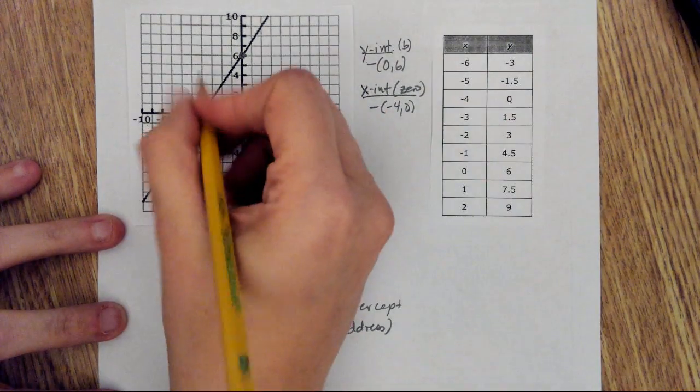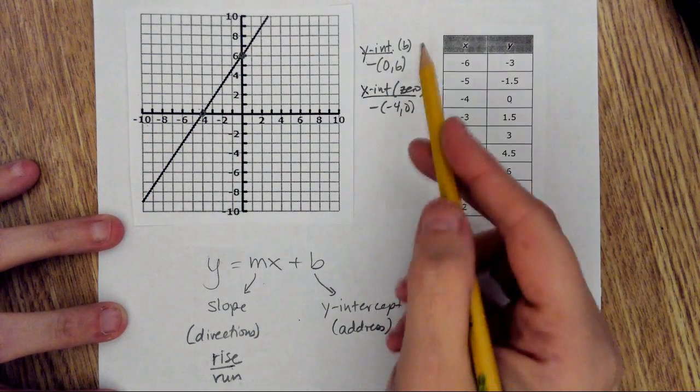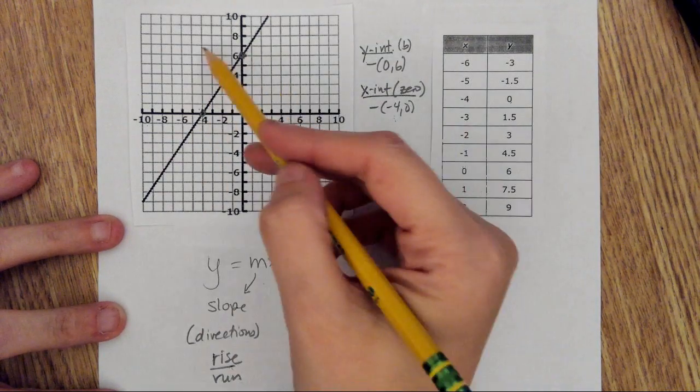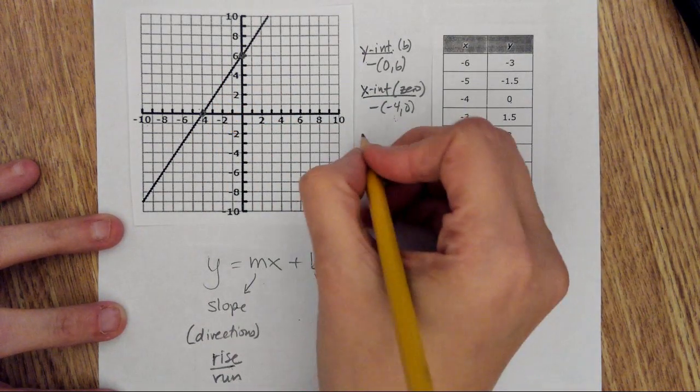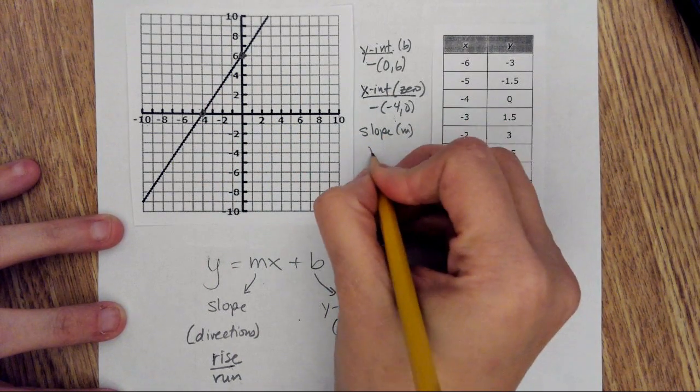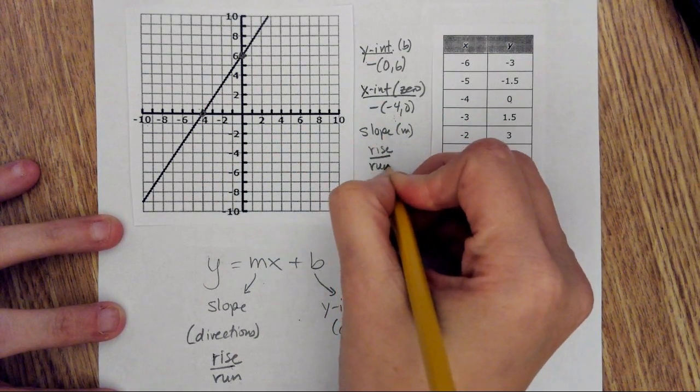So there's that. I can use these two points. This x-intercept has absolutely nothing to do with my slope-intercept form of a linear equation, in terms of it's not the intercept that I put here, but I can use these two points to find my slope. My slope is m, which is rise over run.